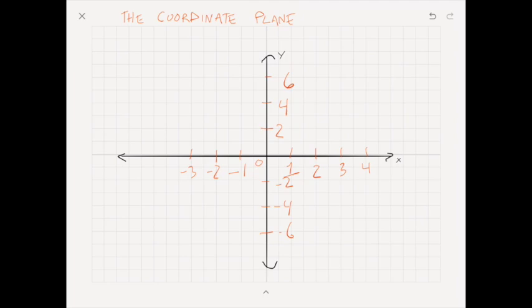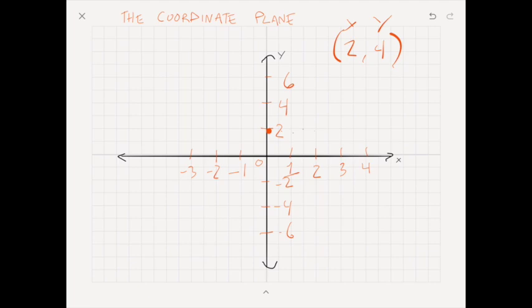And points are going to come in the form of coordinates that might look like this, something like (2, 4). When you see a coordinate like that, typically it means x value first, y value second. That's the standard way of writing it. So this coordinate would have an x value of 2 and a y value of 4.